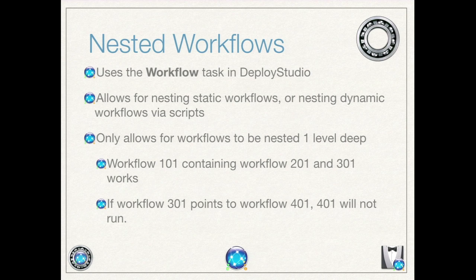One of the cool features that DeployStudio started with is a concept of a nested workflow. This allows you to have one primary workflow that you select each time, and then you can have sub-workflows or nested workflows that have things like your configurations, your package installations, your configuration scripts, your profiles.